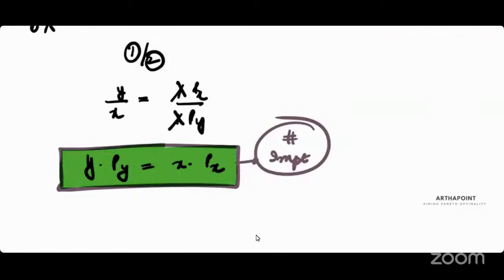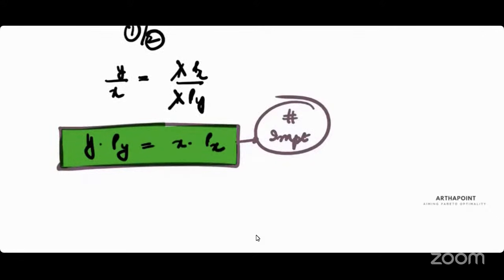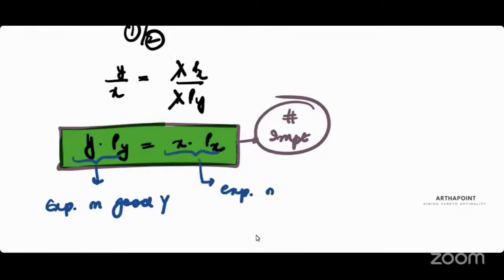Think. Y is the number of units of good Y that you buy. Py is the price of each unit. So this really tells you what is the expenditure on good Y. And this tells you what is the expenditure on good X. And the two are equal.